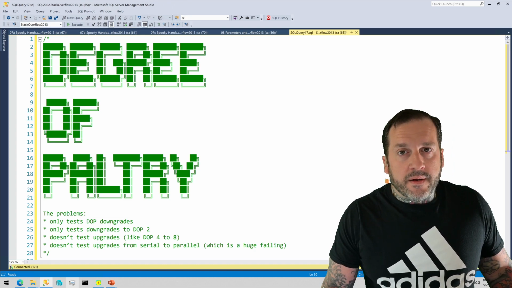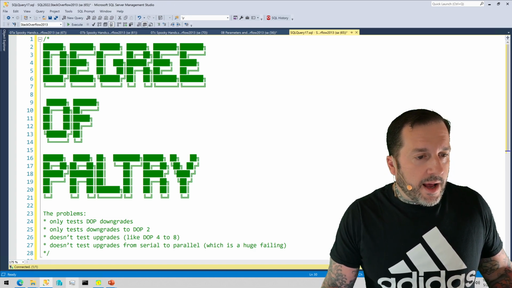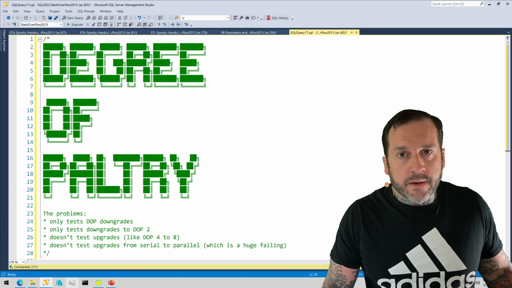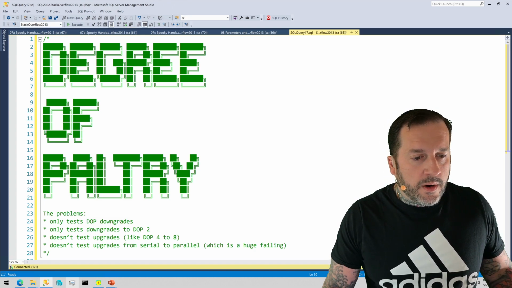It would also be good if we could test parallelism at higher DOPs up to some upper limit.